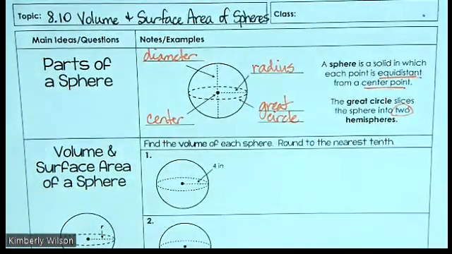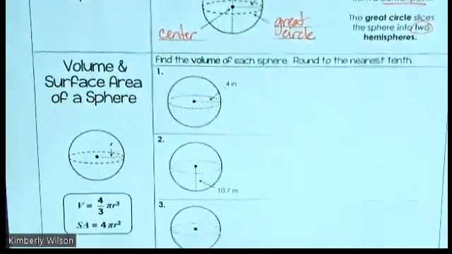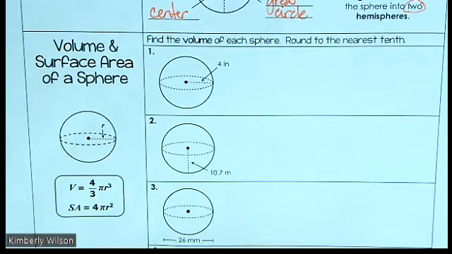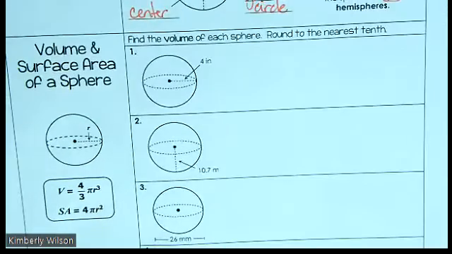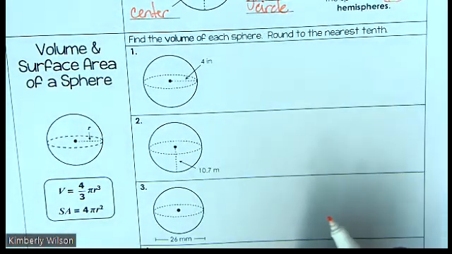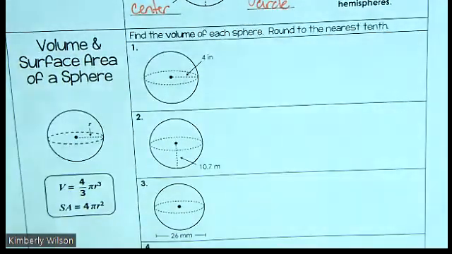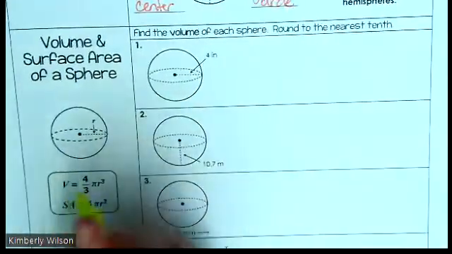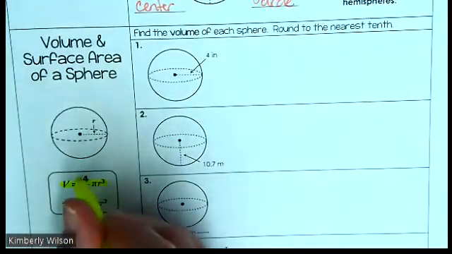Now let's talk about finding the volume of the sphere. We want to round to the nearest tenth, which means we plug in pi very last. Our formula is 4/3 pi r cubed.